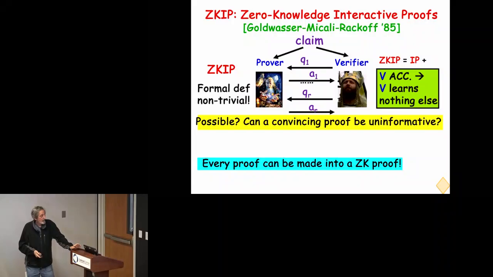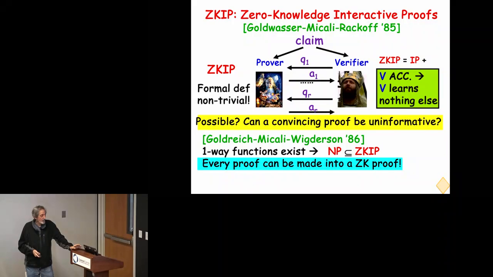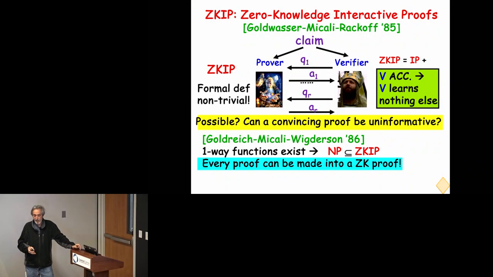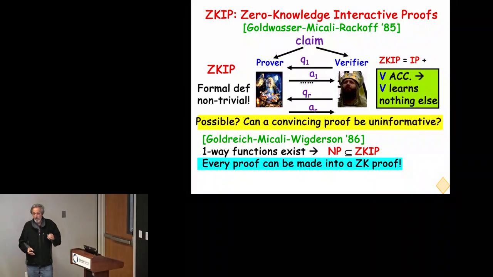Yeah, so it turns out that everything that is provable is provable in zero knowledge. That's a theorem. We proved it a year after this paper, and this theorem has an assumption. It has an assumption that cryptography can be used, namely that one-way functions exist. For example, factoring is a hard problem.